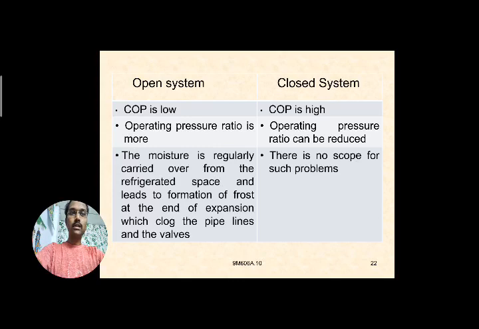Whereas if you see the closed system, as the name indicates, it is a closed system. Such problems as the formation of frost or clogging of the pipes cannot be seen in the closed system. For this, you can also keep some safety devices.